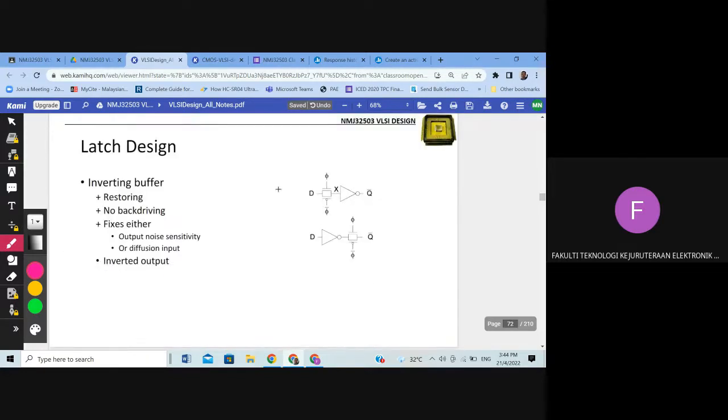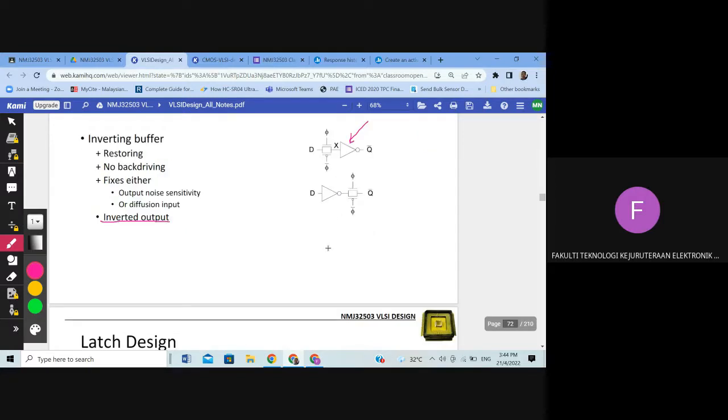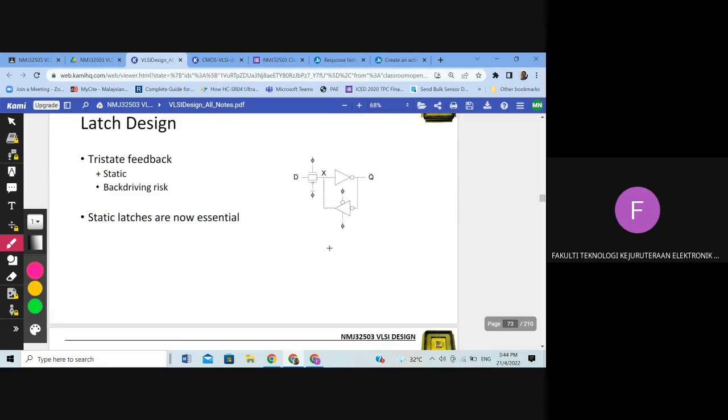Then people invented another latch, which comprises buffered output or inverted output at the output side. They have Q bar here, and also Q bar here for the case of inverted input. So here is the inverted output or buffered output, and here is the buffered input. Two designs of latches, with no feedback loop.